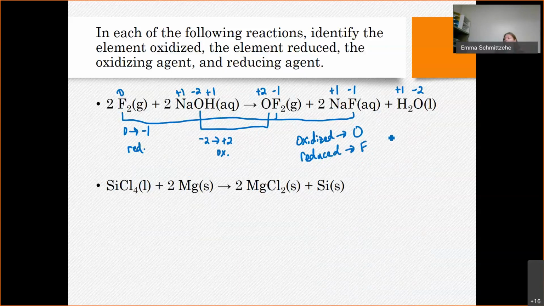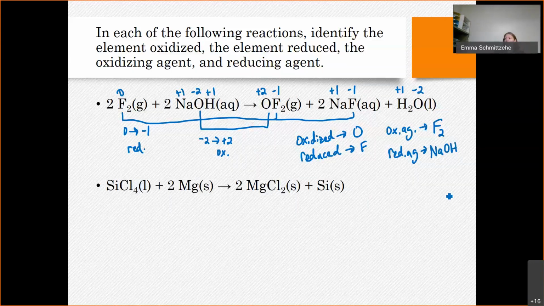And then the oxidizing agent is the actual reactant that allows that oxidation, so it's the one that contains what's reduced. So that's F2. And the reducing agent is the one that allows the reduction, so the thing that contains what's oxidized, so the NaOH.